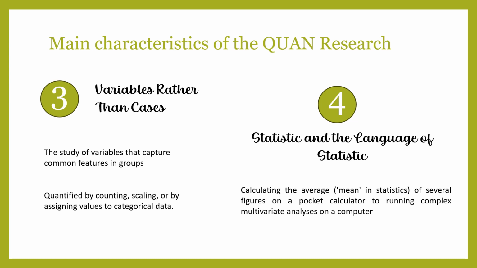And after we collect that information, we can quantify it by counting, scaling, or by assigning values to categorical data. But what is the purpose? Well, the purpose is to identify the relationship between variables by measuring them and even manipulating them.